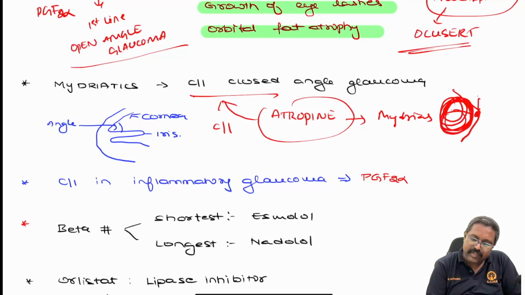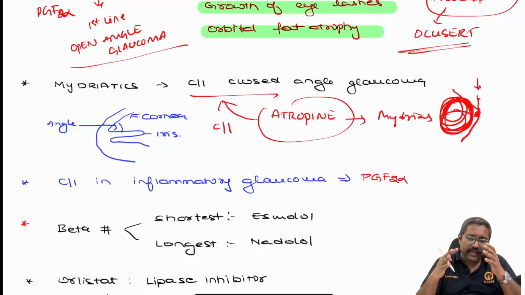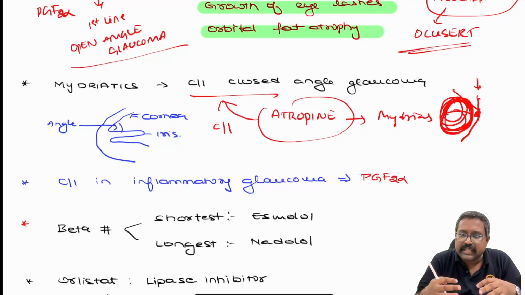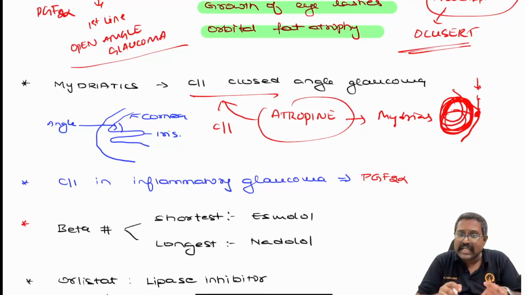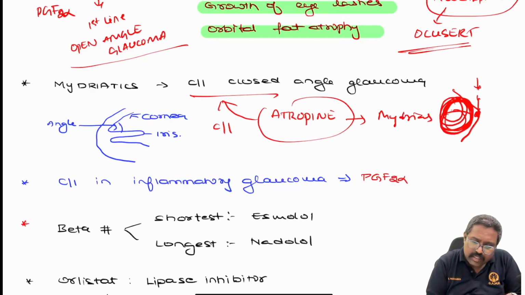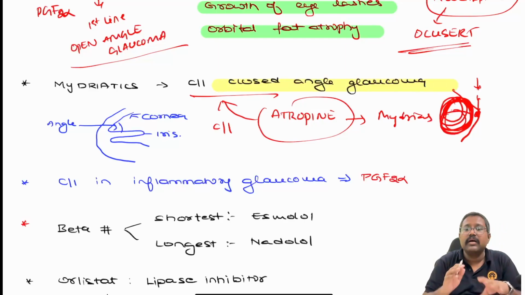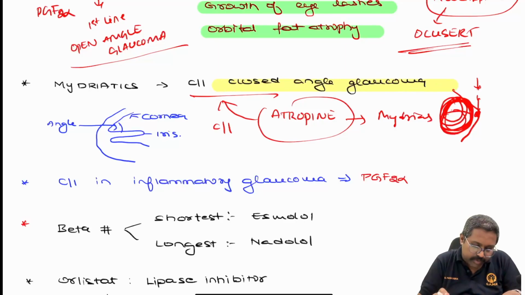This angle will be reduced, and there will be decreased outflow, thereby building up of the aqueous humor inside the eye, leading to increased intraocular pressure that can lead to blindness also. So please remember, especially in closed angle glaucoma, you need to avoid using atropine.